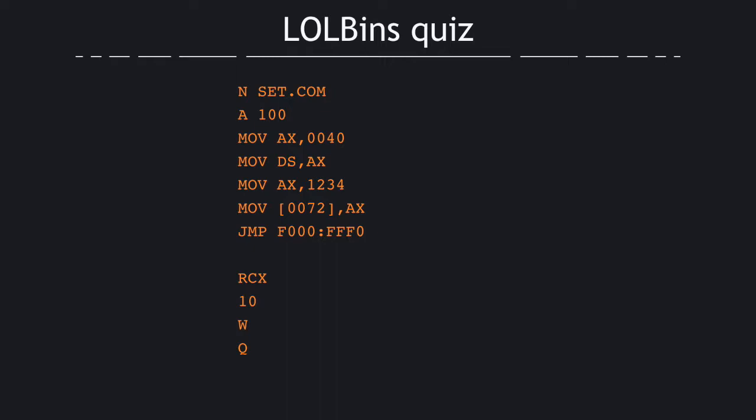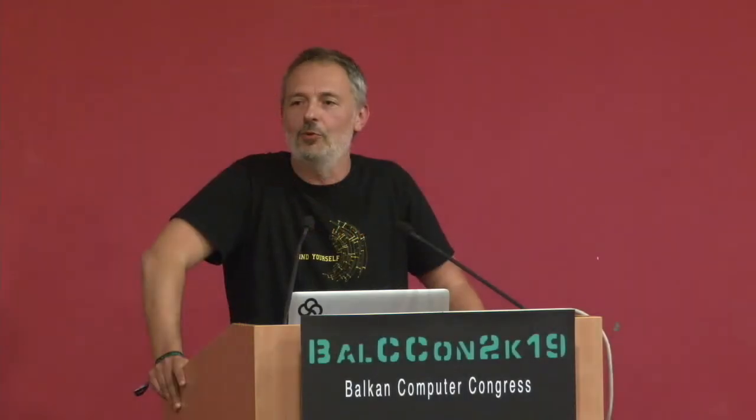You have the first command to set the name of the file you want to write to. Then you say you want to assemble a certain instruction from a certain address, and then you put the instruction. This is basically code to set up a BIOS data region and then jump to it, which will cause the computer to reboot. So basically this is just the code for a warm reboot of the system.